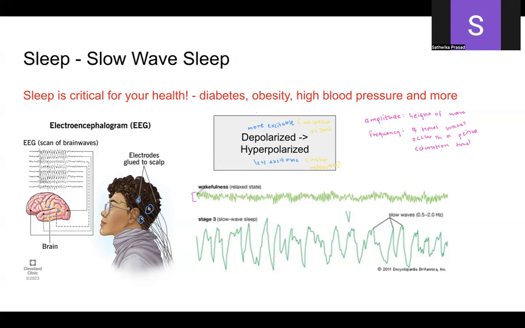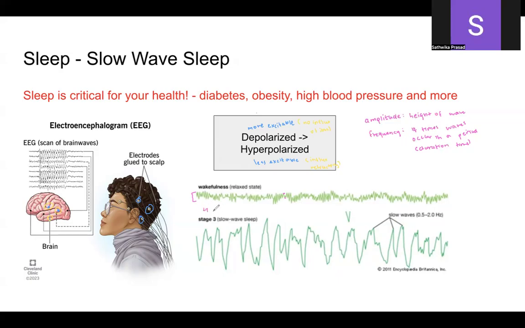Notice how here the amplitude of all the waves is very short, right? The amplitude would be the highest point to the lowest point, and that amplitude is very, very small, which means that the neurons go from a depolarized to a hyperpolarized state very fast, right?